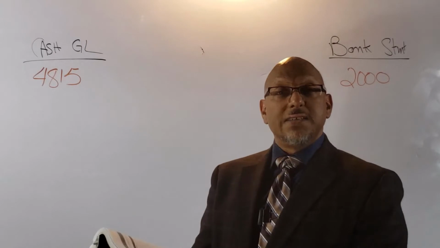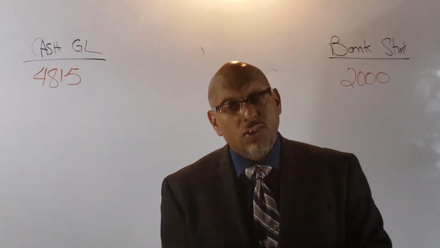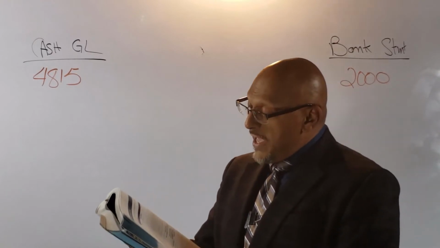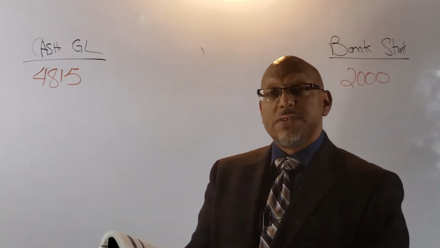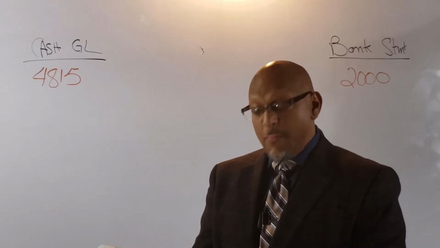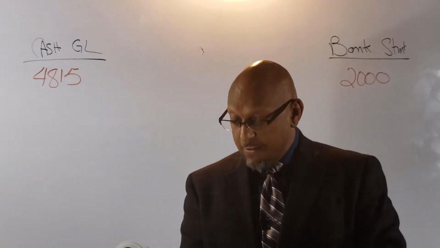Do we have a deposit in that amount? Yes, 1925 on June 9th. Check, check. We have a check that we sent out, check number 543 for 1600. Do we have that in the bank? 1600 in the bank. Check, check.